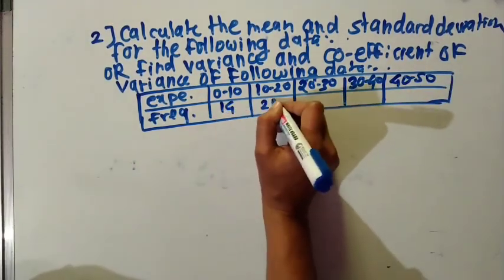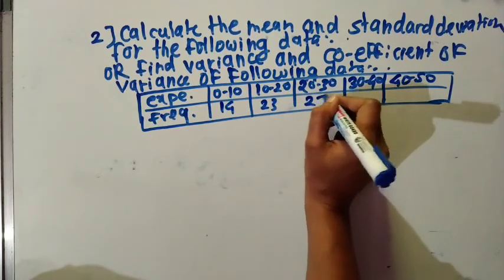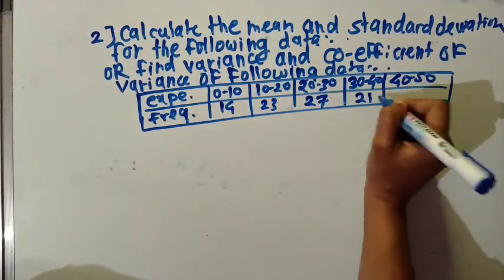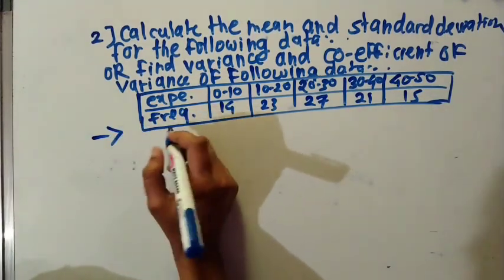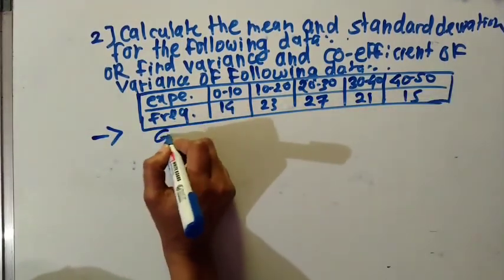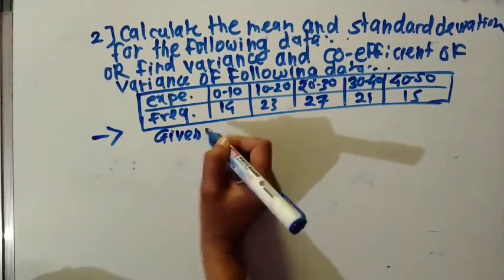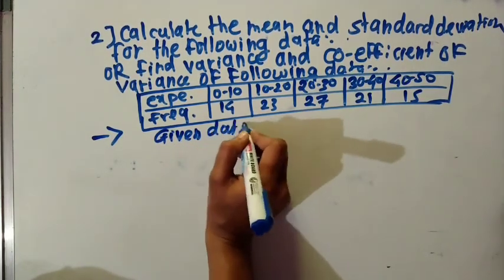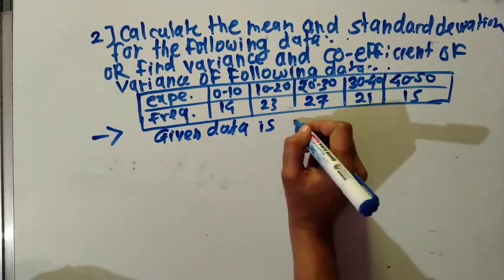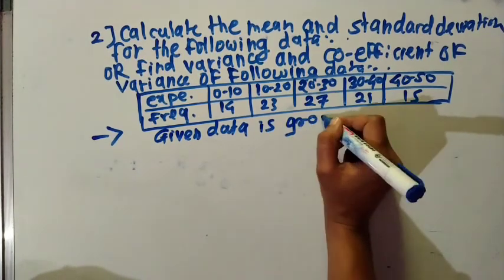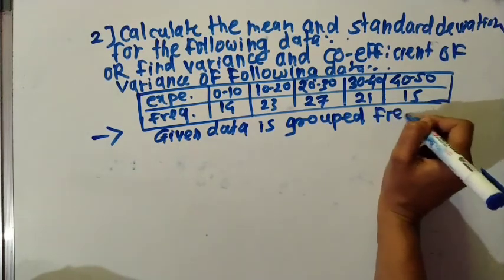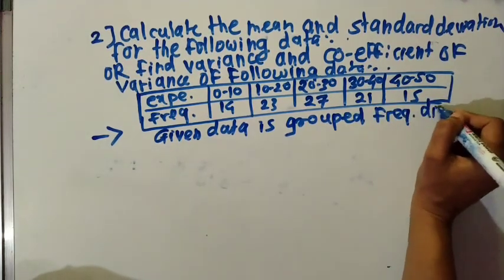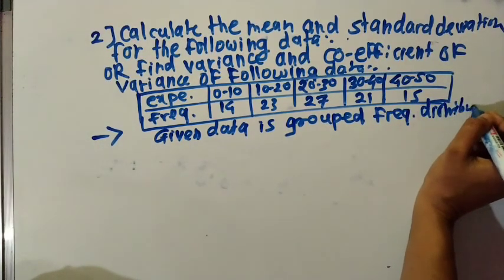Then 14, 23, 27, 21, 15. This data is grouped data, a grouped frequency distribution.